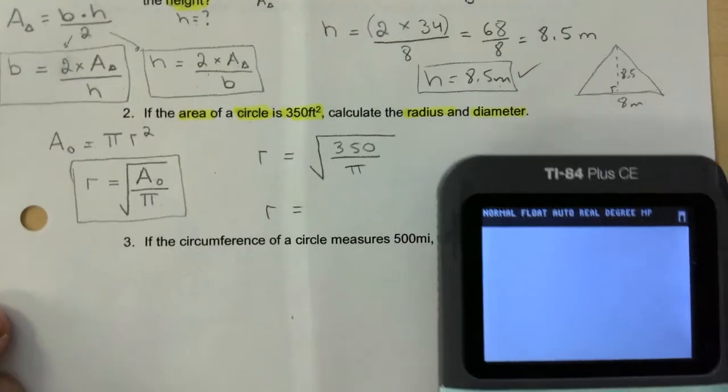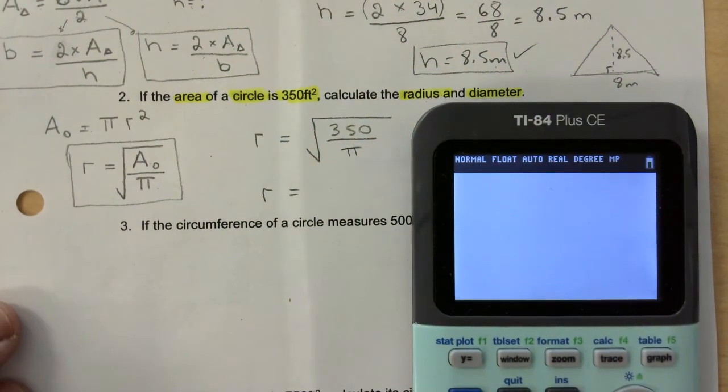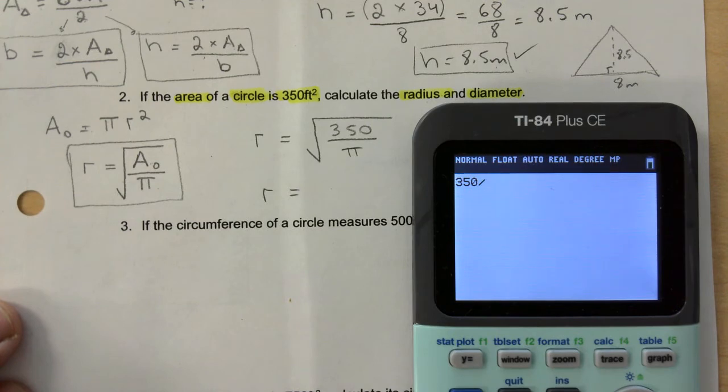This one is a little fancier than what you would normally have. But anyways, you go 350 divided by pi. So I go second, and I find where my pi button is. Shift or second or something like that will usually do the trick, and then just go find a button that has a pi just above it, or use 3.14159.